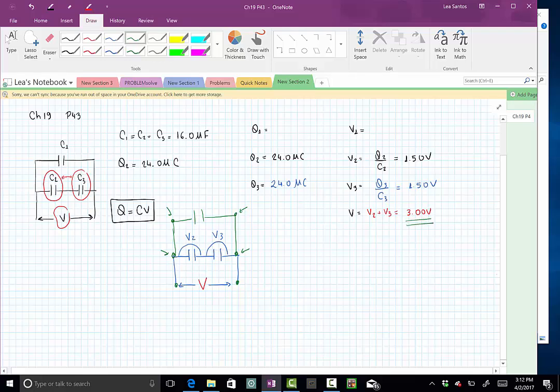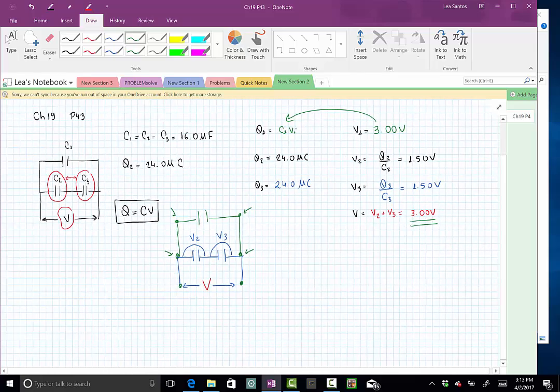From that we find out that this 3 volts is also the potential difference for the first capacitor. Now with that we are able to find its charge. We just need to use C1 times V1, and we find this charge is equal to 48 microcoulombs. And this is the end of the problem.